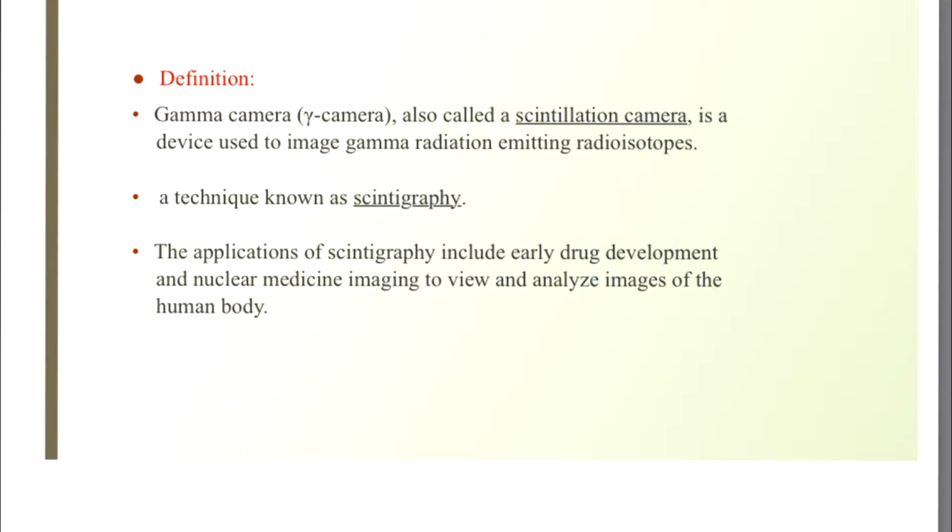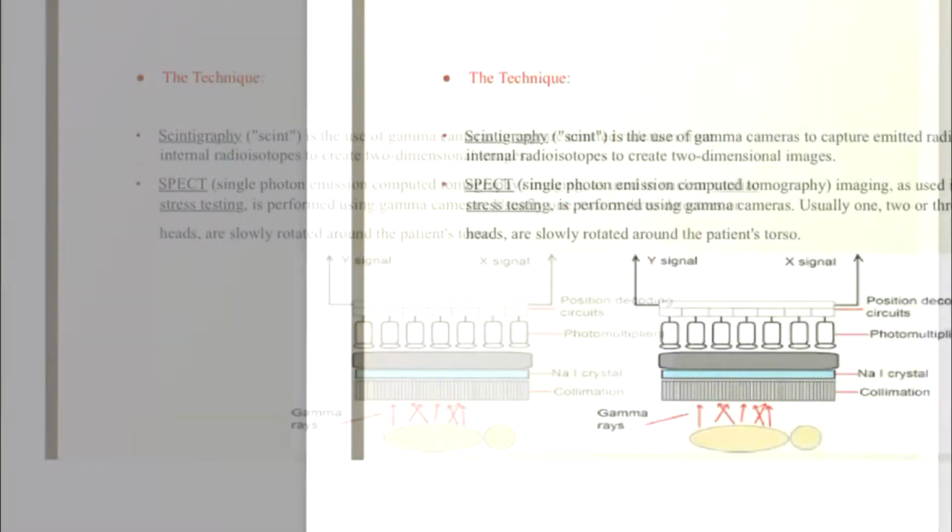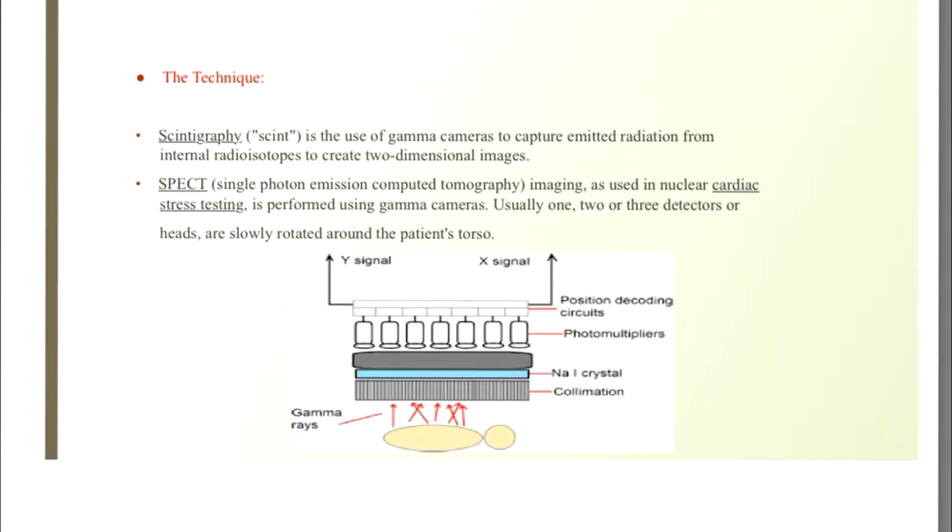The applications of scintigraphy include drug development and nuclear medicine imaging to view and analyze images of the human body. The technique: scintigraphy uses a gamma camera to capture emitted radiation from internal radioisotopes to create a two-dimensional image.